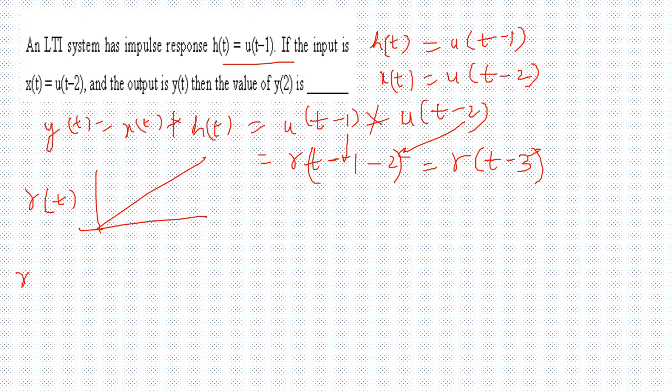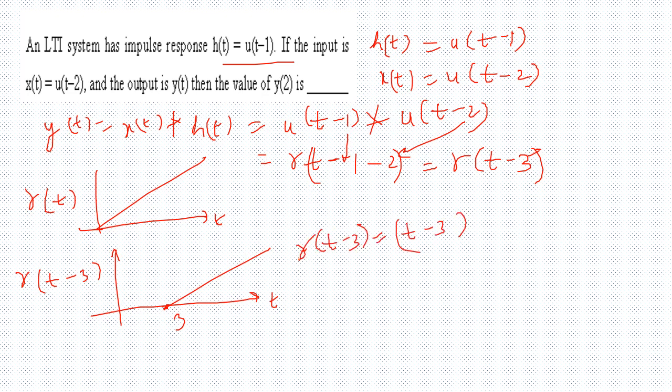So r of t minus 3 will start from 3, and before that it is going to be 0. So you can simply write r of t minus 3 as t minus 3 times u of t minus 3.